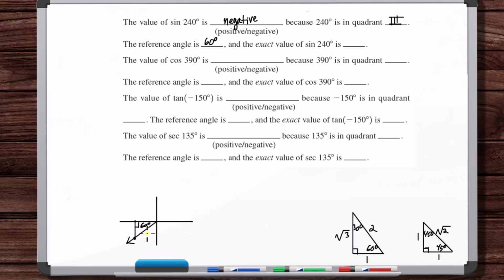We can make the hypotenuse 2, and then this side, connected to the 60 degree angle and perpendicular, would be 1, and this would be root 3, but these are minus though. That's the key. And so the exact value of sine of 240 is opposite over hypotenuse, that's minus root 3 over 2.